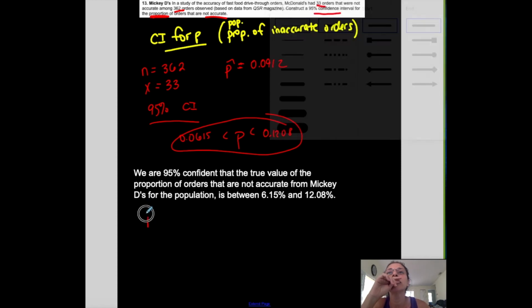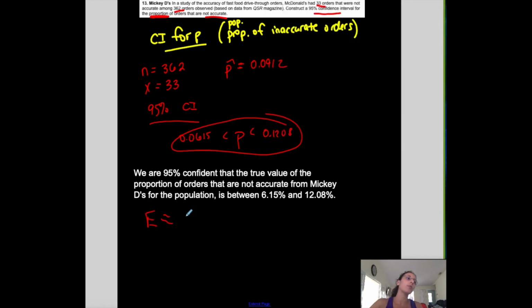Now, what if I ask you for your margin of error? How do you calculate that? Well, you could use your formula, or you can say my margin of error can be calculated as the maximum of my confidence interval minus the minimum, and then divided by 2.